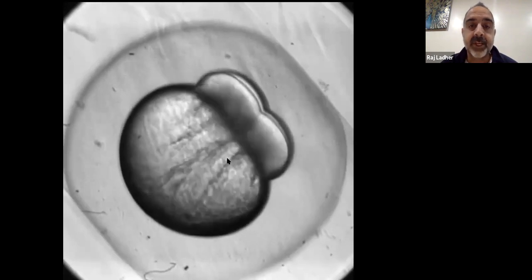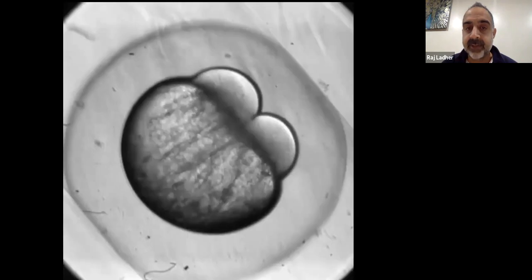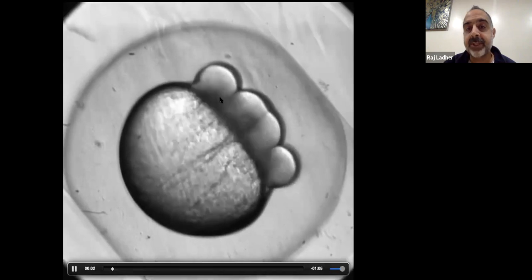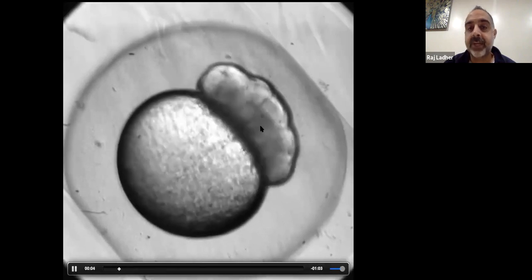The fish develops a little bit differently. It has its embryonic part lying on top of the yolk, and so cleavage doesn't happen all the way through initially, and cleavage happens just on top of the yolk like this.